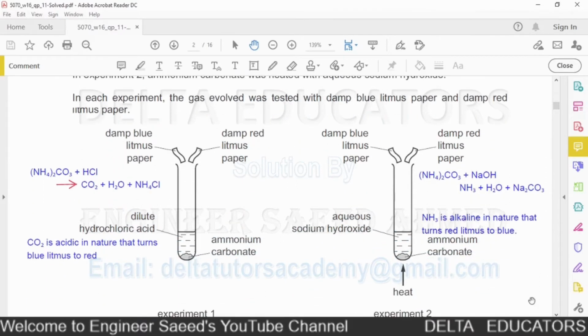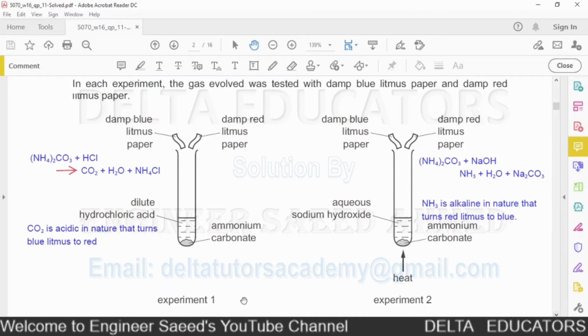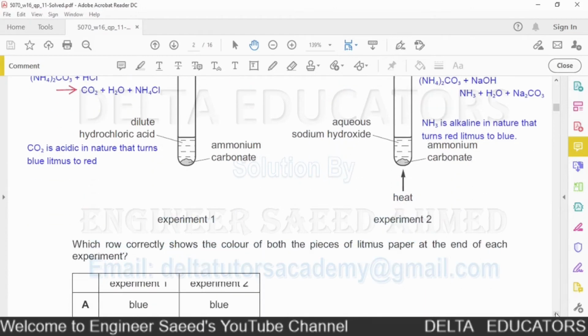Here we have two experiments, experiment 1 and experiment 2. In both experiments, we have used blue and red litmus papers. Which row correctly shows the color of both the pieces of litmus paper at the end of each experiment?